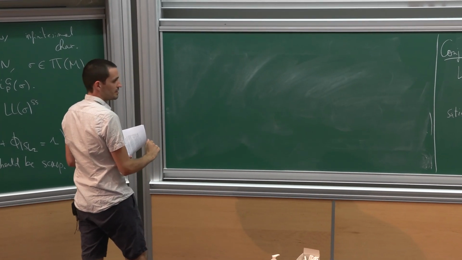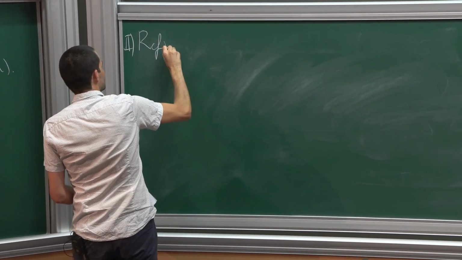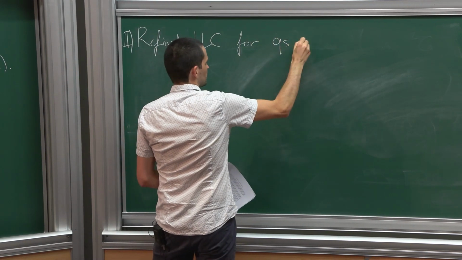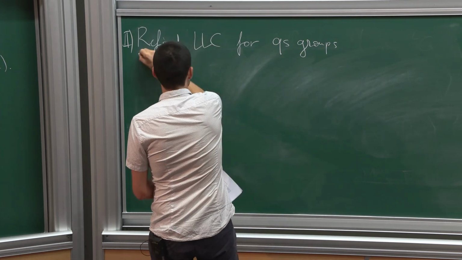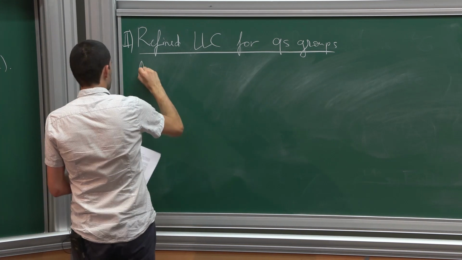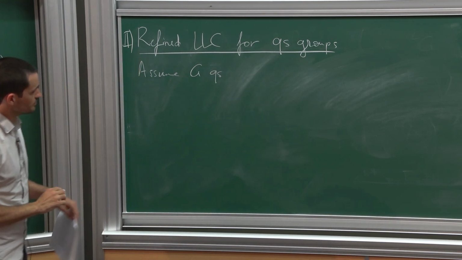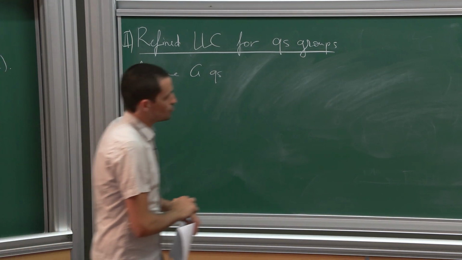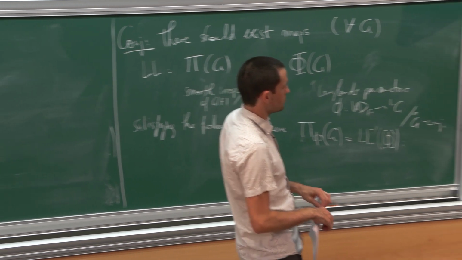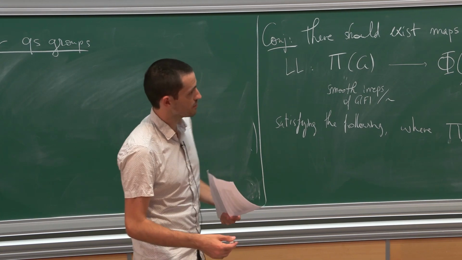And so we finally come to the second part, which is the refined local Langlands correspondence for quasi-split groups. Of course we assume that G is quasi-split in this section. It's interesting to try to understand better the fibers, like the size or how the different packets are organized.